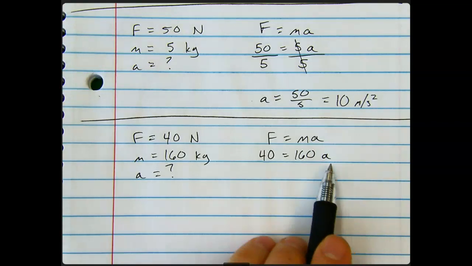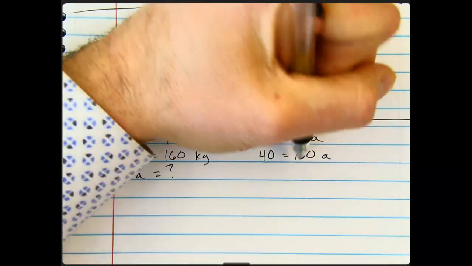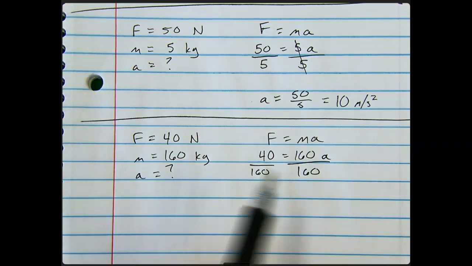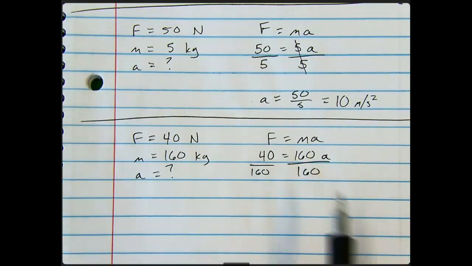Same thing as last time. I'm trying to get this A by itself, so I'm going to divide both sides by 160. And just a reminder, anything divided by itself is 1. So we can say those things cancel out. 1 divided by 1 is 1. 2 divided by 2 is 1. A million divided by a million is 1.